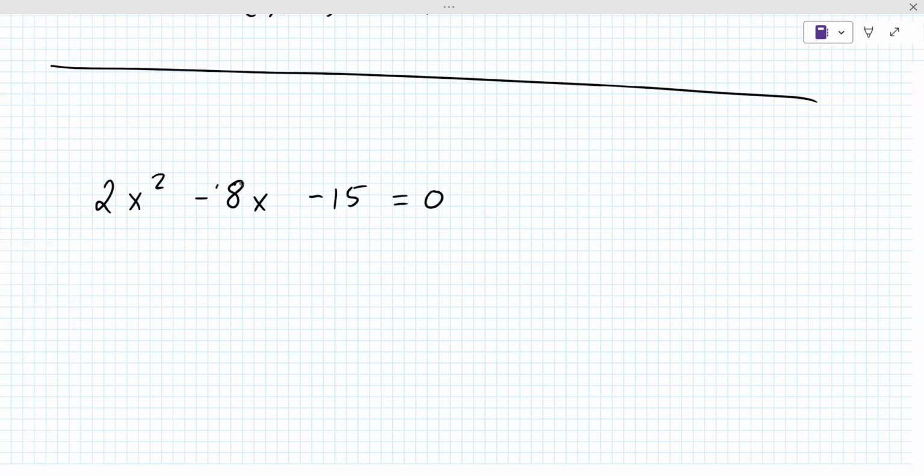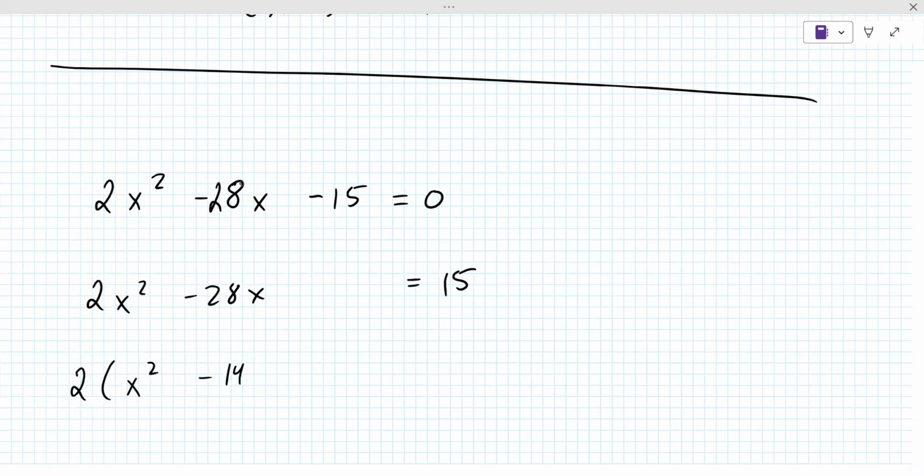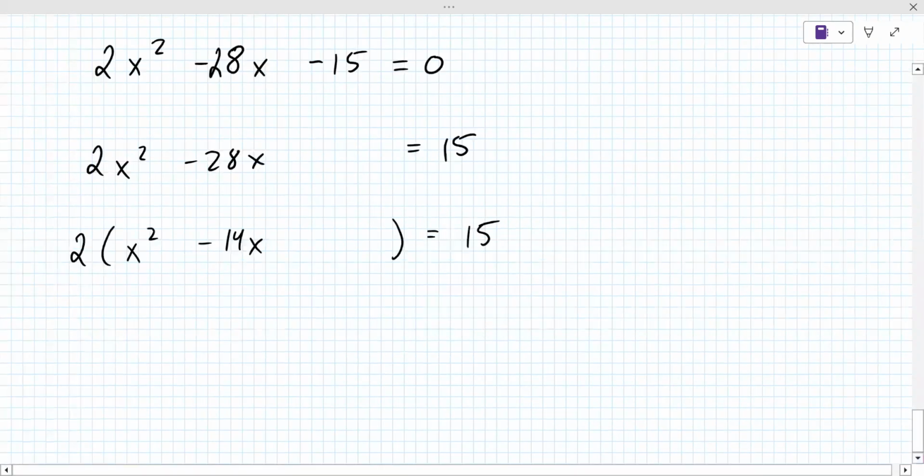Sorry, let's go 28x. That will work. Okay. What's the first thing to do here for completing the square? Move the 15 over. Yeah, so 2x squared minus 28x equals 15. Factor a 2 out. All right. So what do we do from here? What's the next thing to do?